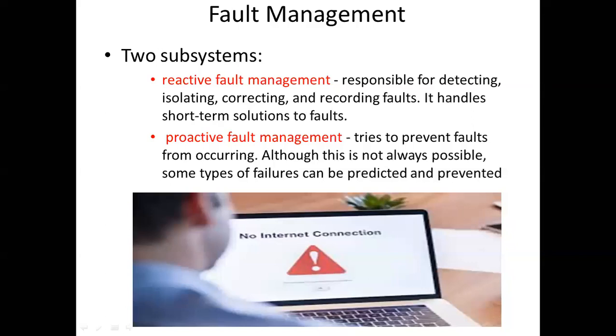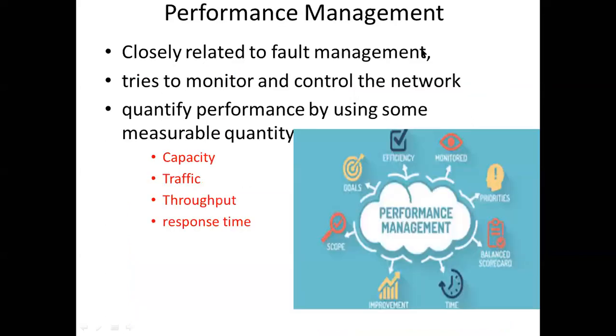Okay. Now, the next function of a network management system is performance management. Usually, when we have a network, we want it to work and give us the best performance. What do you mean by performance? We want a network that does not have any faults. It should not crash. It should not keep giving you error messages.